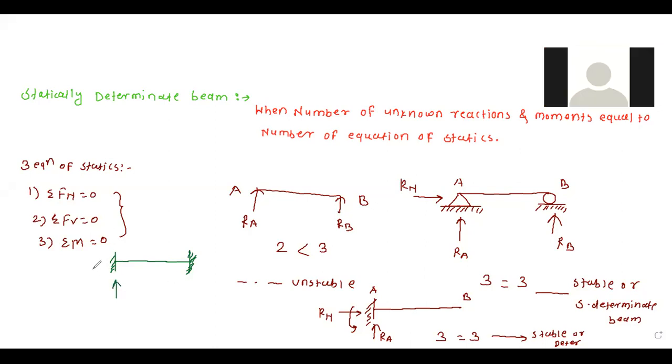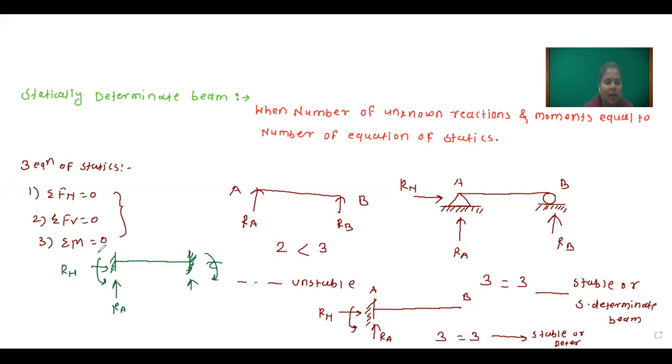So 3 for one support and 3 for the second support. Here RA, RH, and this is the moment. Here also RB, RH, and this is also a moment. So 3 for this fixed support and 3 for this fixed support. So 3 plus 3 is equal to 6. So the number of unknown reactions and moments is 6, and the number of static equations is 3.